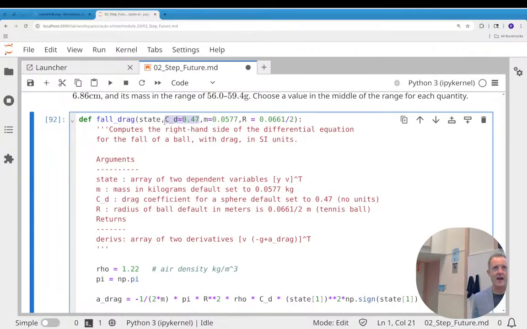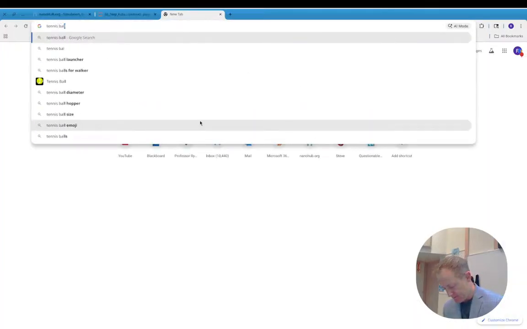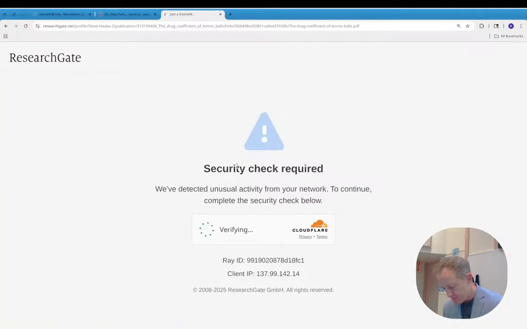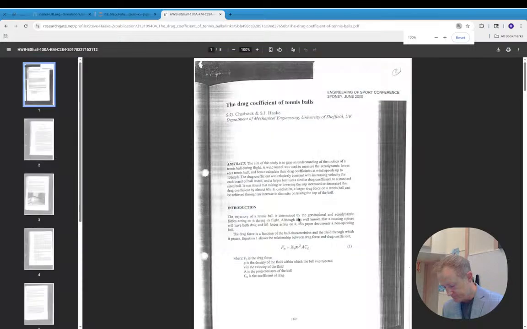Is this the right drag coefficient? 0.47? I don't know. Depends on the tennis ball, right? I think this one's assuming that it's a sphere. We could probably look up. Yeah, you don't want robots figuring out what the drag on a tennis ball is. Oh my God.